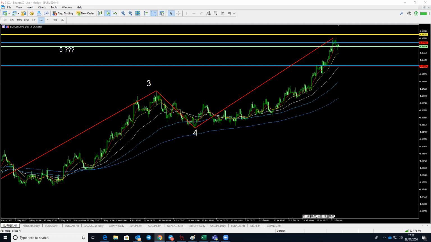Apart from the Euro non-monetary policy, there is an ECB meeting at about 3 o'clock in the afternoon Malaysian time, which is 10 o'clock in the morning my time tomorrow.